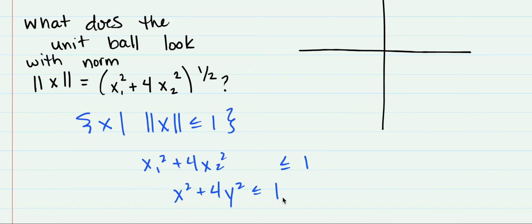It should. It is the equation of an ellipse. So the ellipse, I believe, would look something like this. And this would be the unit ball, all the vectors of length 1 or less under this particular norm in R2.